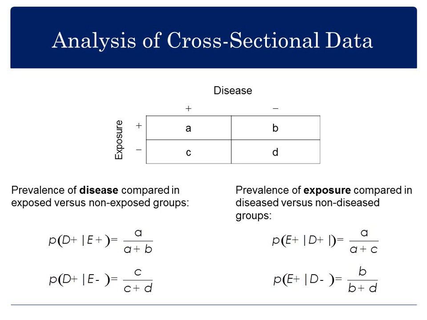You've classified your subjects into one of 4 groups, and then you look at, for instance, the prevalence of disease, comparing exposed versus non-exposed groups. You could also look at the prevalence of exposure compared in diseased versus non-diseased groups. I've given you some simple formulas here, but again, this is a very simplistic view of cross-sectional data.